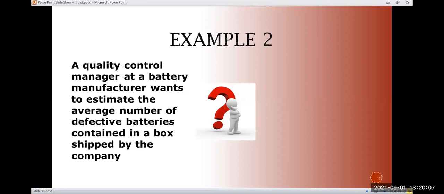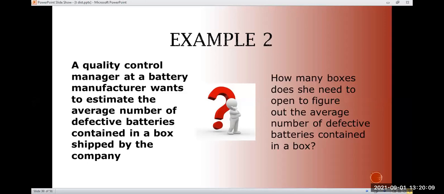If a quality person is doing a check, how many boxes does that person have to open to figure out the number of defective batteries? For example, in a particular day, there might be 1,000 boxes of batteries manufactured.